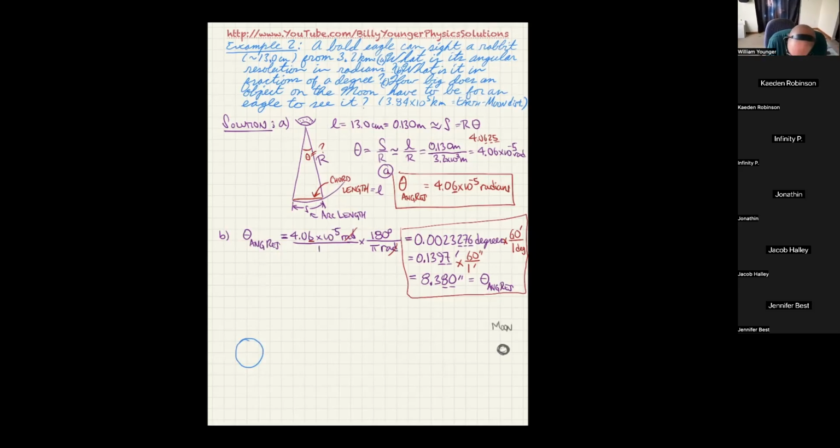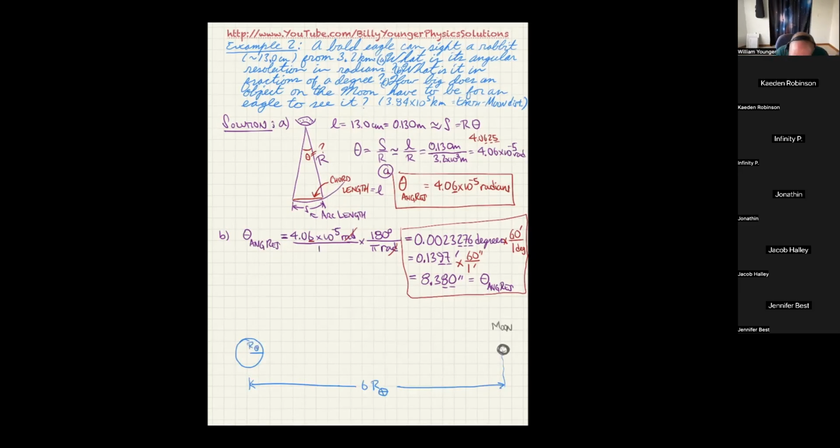So if you imagine this right here is the radius of the Earth, then this distance from here to the center of the moon should be 60 Earth radii, and the symbol we normally use for the radius of the Earth is a circle with a plus in it. So this is R plus, like that.